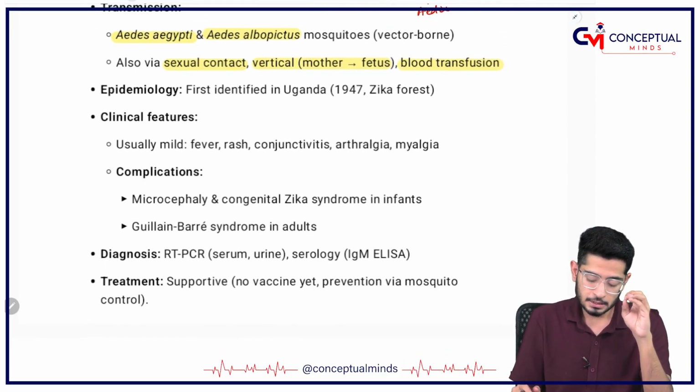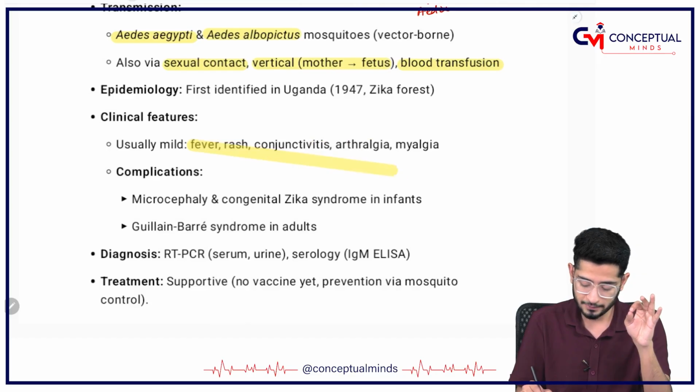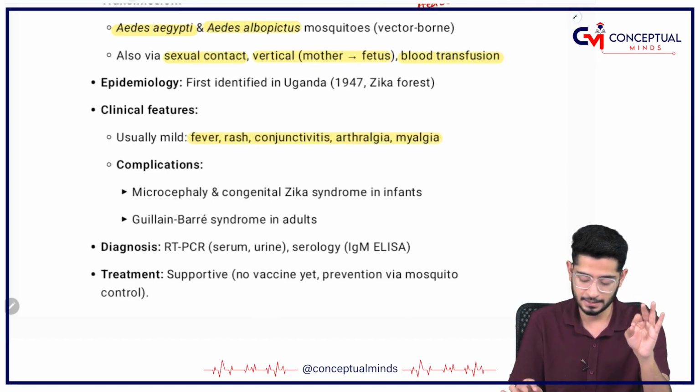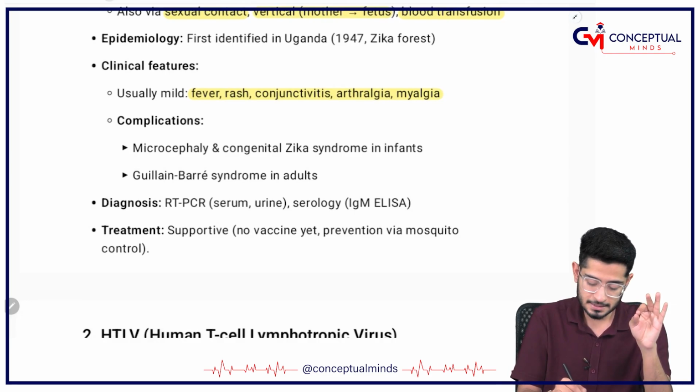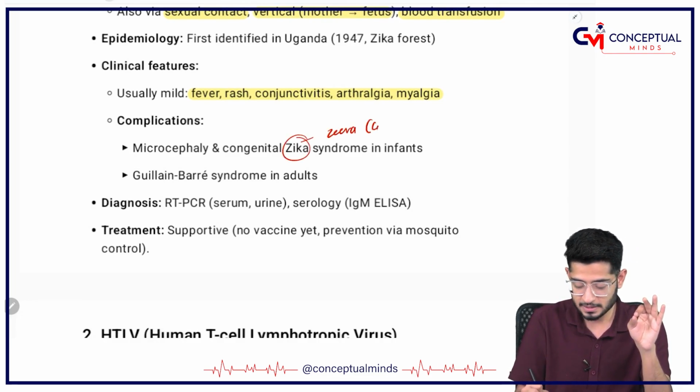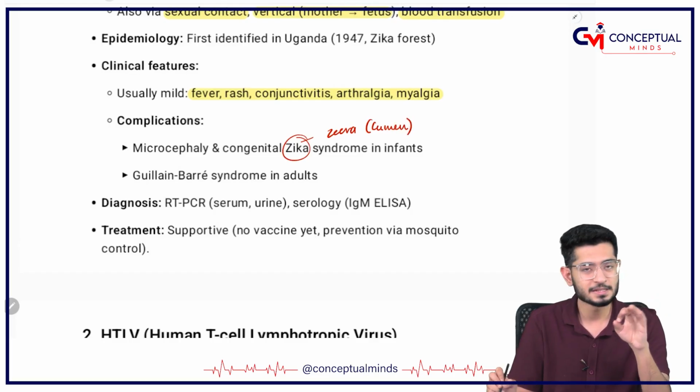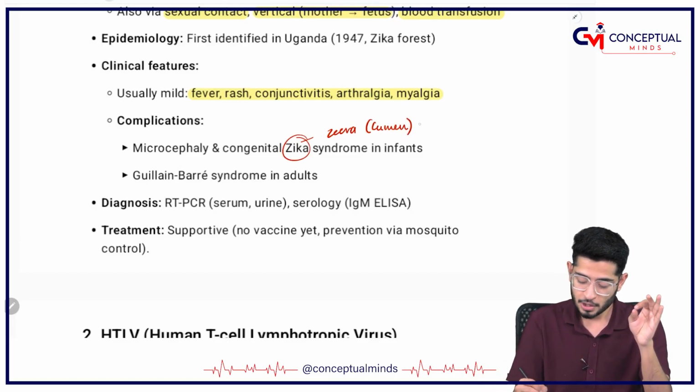Now, the clinical features are usually mild, like fever, rash, conjunctivitis, arthralgia, myalgia. But Zika is just like jeera. Jeera is just cumin seeds, in Hindi we call them jeera.